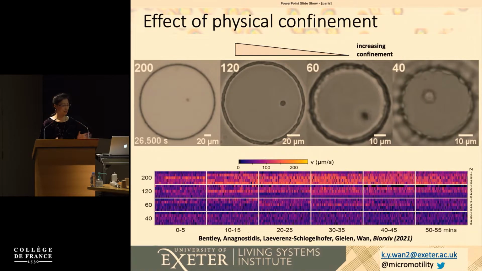This is a heat map which shows how the speed of the organism, a very simple observable that we can measure, changes over the course of almost an hour. What's immediately obvious is that the cell doesn't change very much over that period. All these experiments were performed in red light. As photosynthetic algae, they're unresponsive, so they can't really see red wavelengths, which is why we chose this illumination frequency.